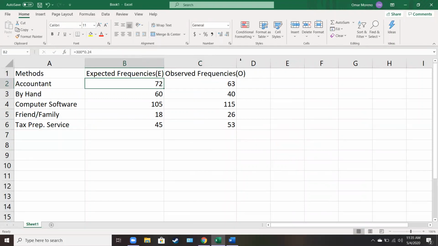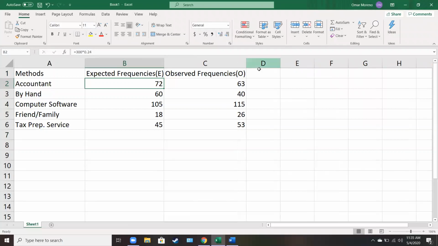Cool. So what I need to find in this column here is that equation. We do E minus O squared, and that's divided by E.